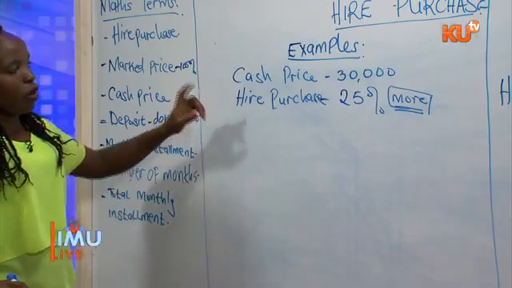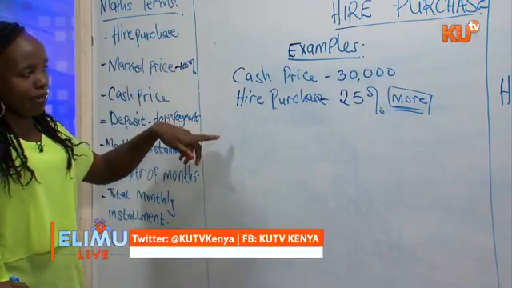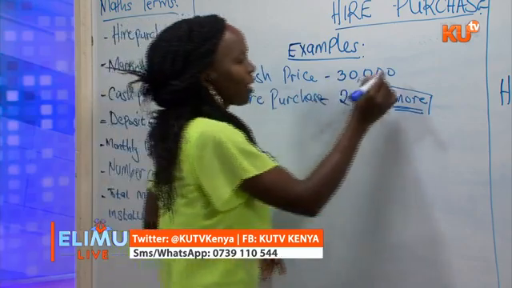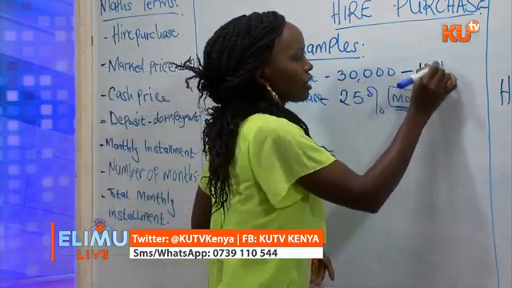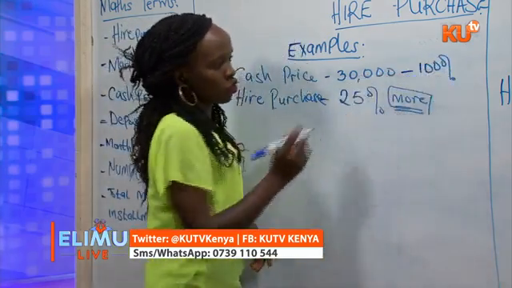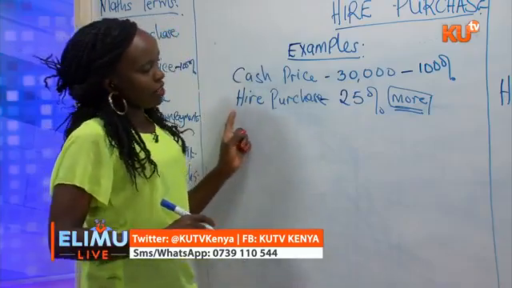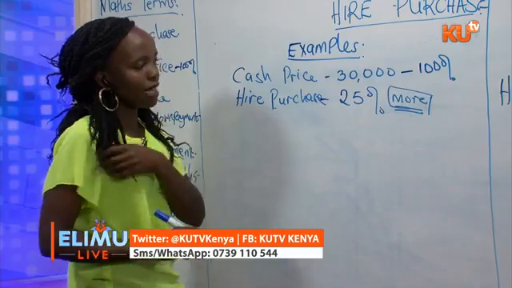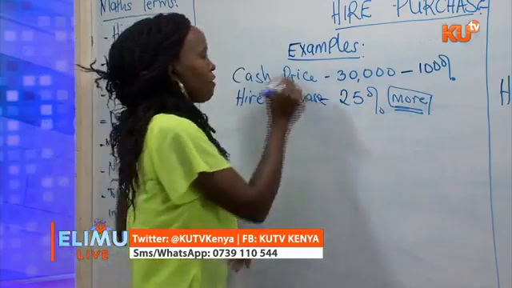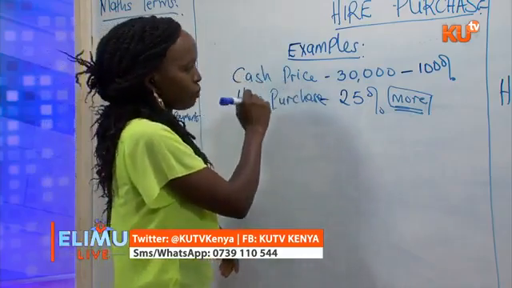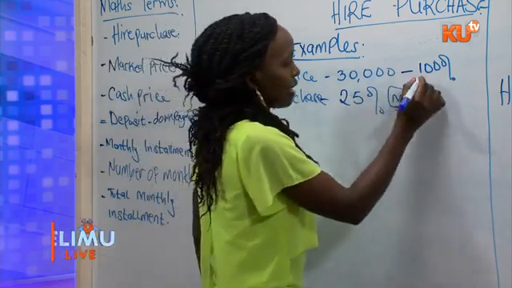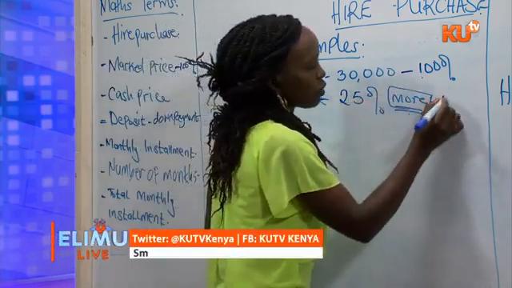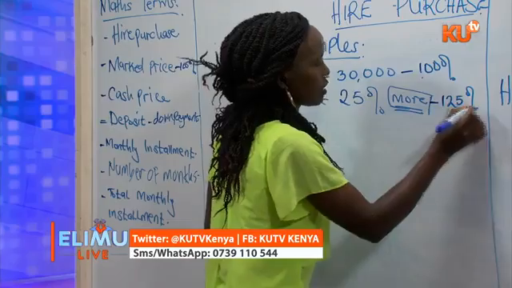So in our case here, we are comparing the cash price and the hire purchase. So we are going to assume that our cash price here is 100% because we are comparing the two. If the hire purchase is 25% more than the cash price, it means that it is 25% above the cash price. You take 100 plus 25, we get 125%.